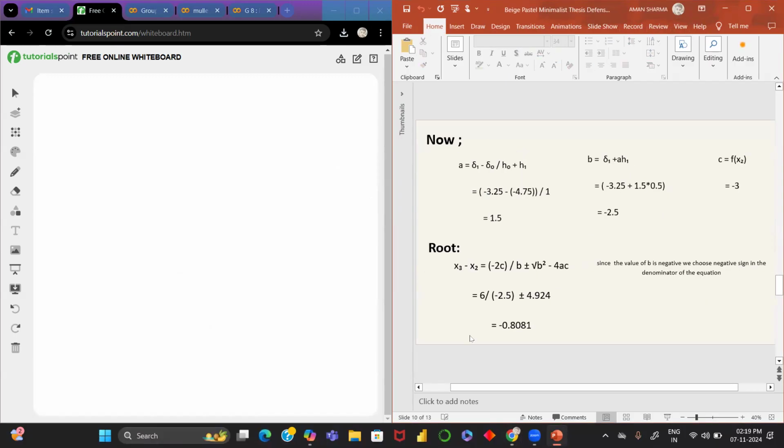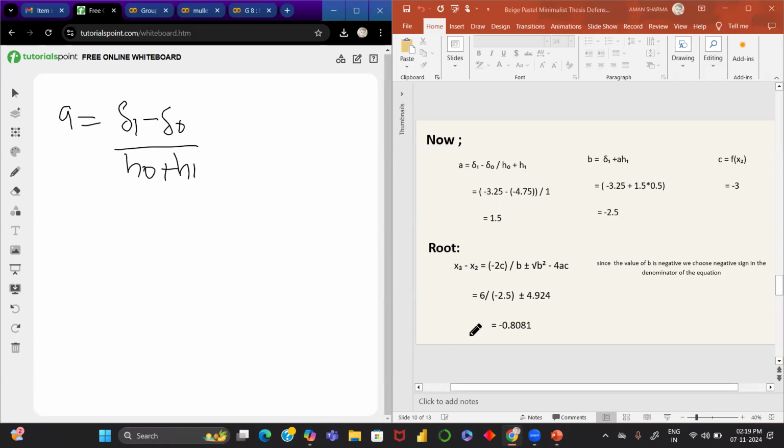Now we define A, B, and C for the quadratic polynomial, where A is equal to (delta 1 minus delta naught) divided by (h naught plus h1), which is equal to (minus 3.25 minus 4.75) divided by 1 only, which is equal to 1.5.